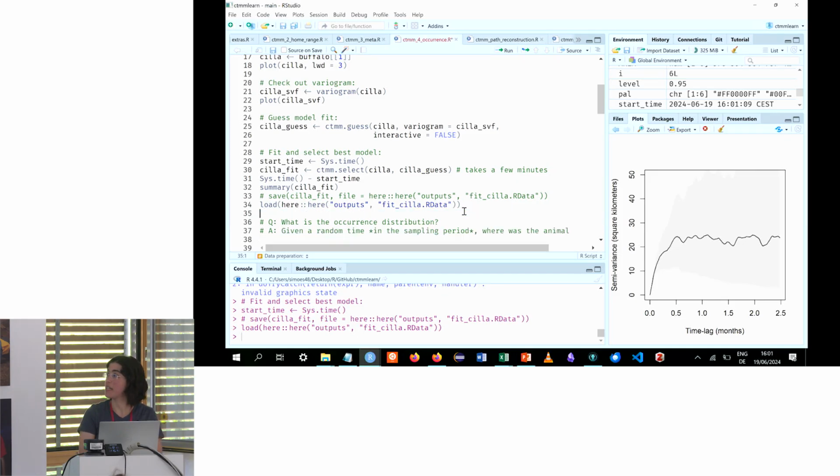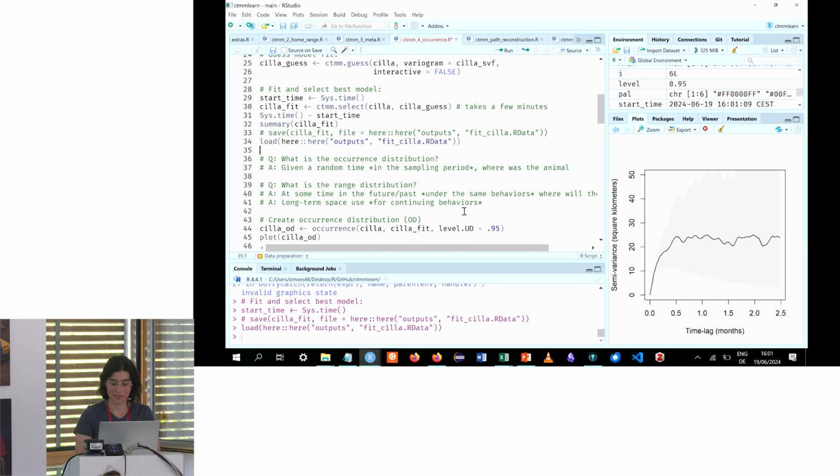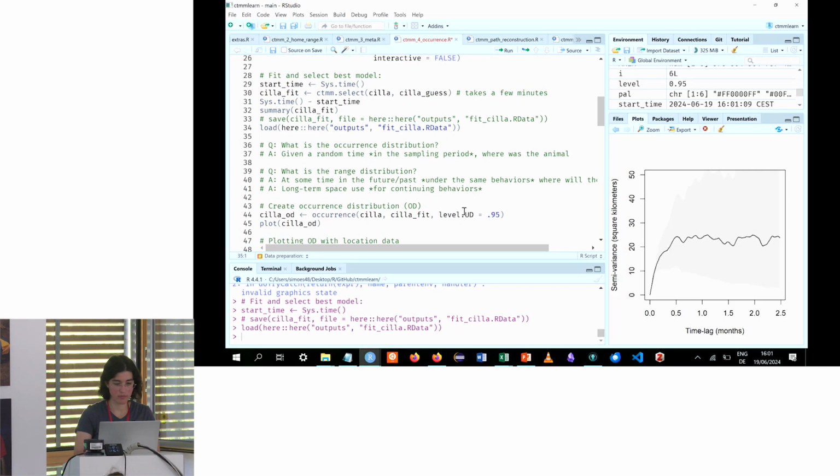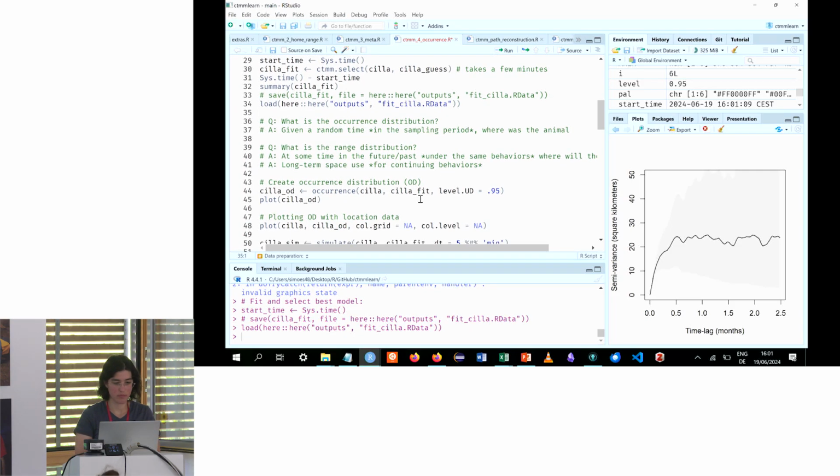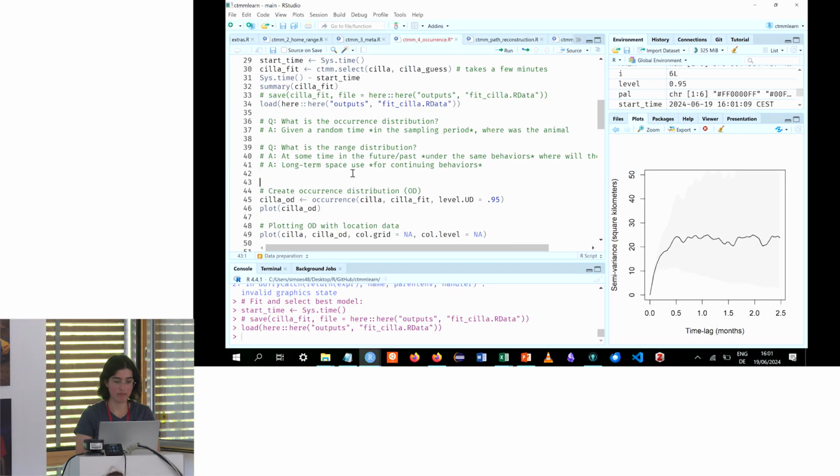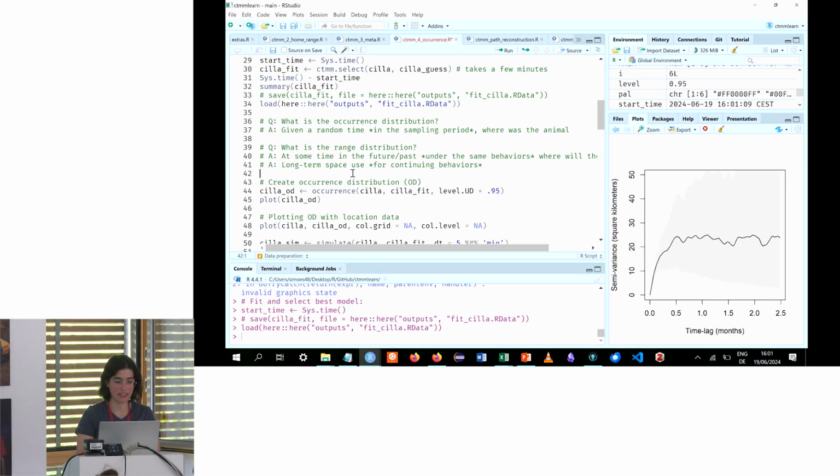These are the same steps, just again having to do a CTMM select and all of that. To actually do the occurrence distribution, it's pretty simple: the occurrence function.